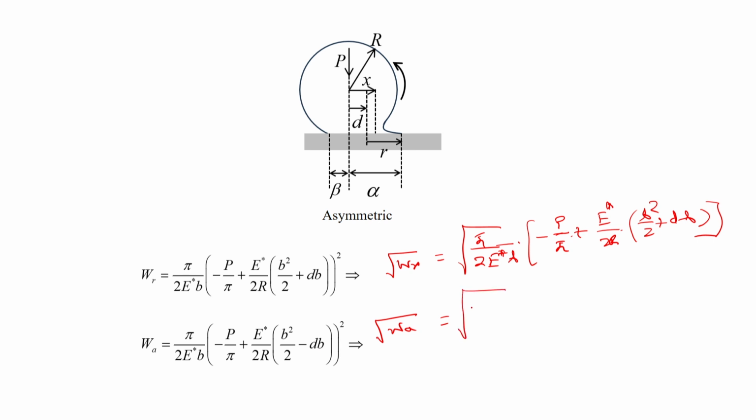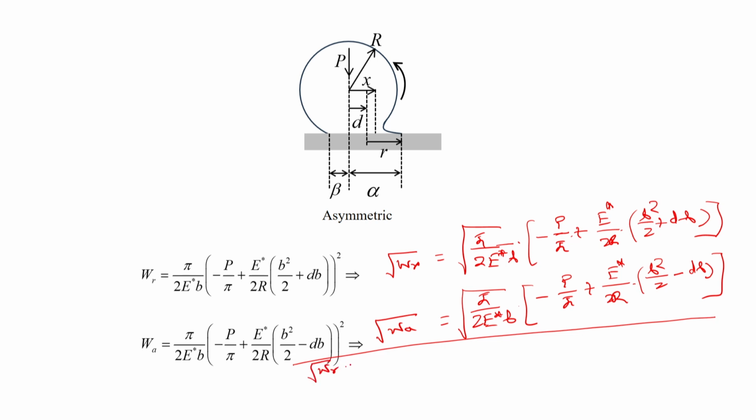Now, here again we get pi by 2 E star into b, and here it will be minus p by pi plus this will be E star by 2 r into b square by 2, it is minus d b, like that. So, if I add these two quantities, what do I get? Let us add it.